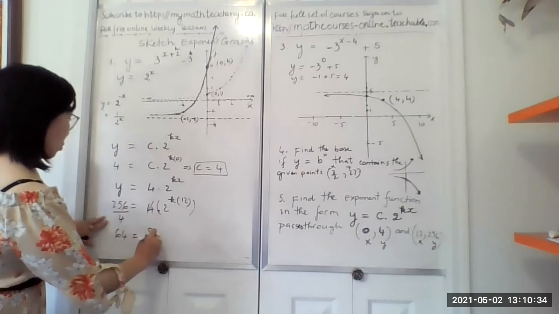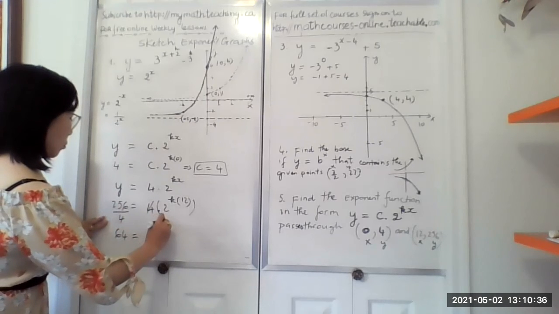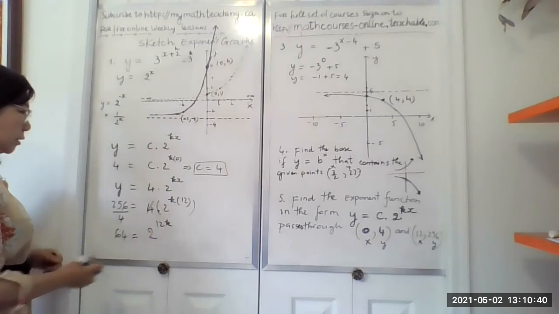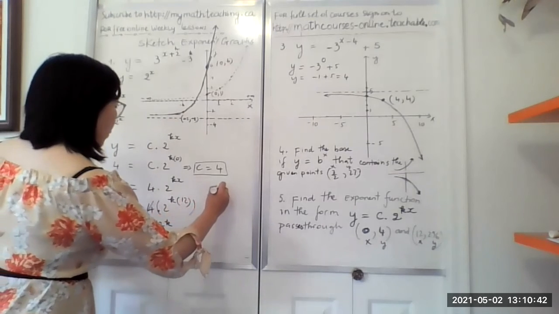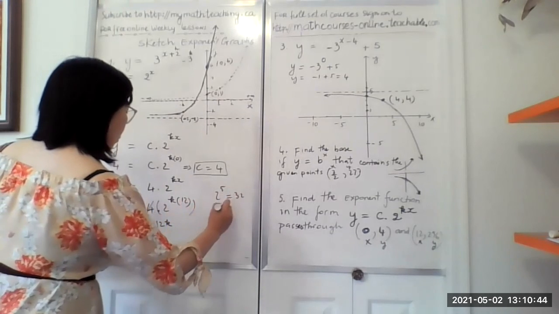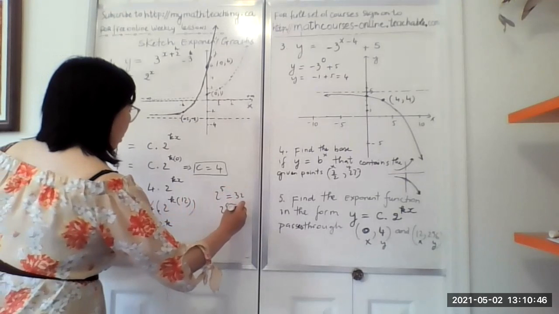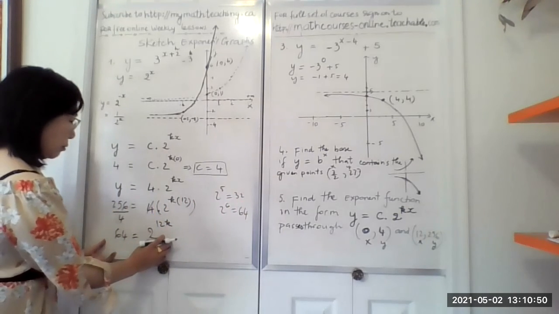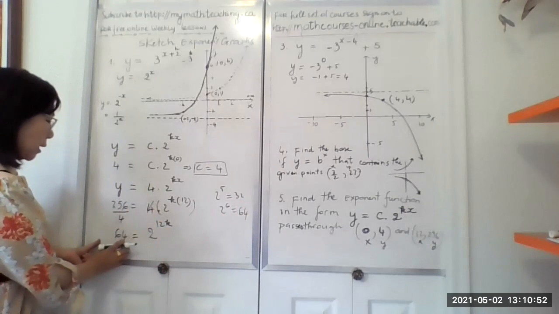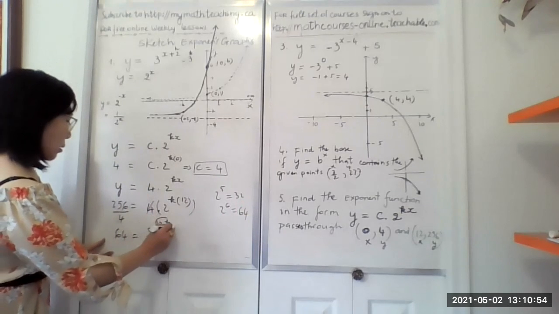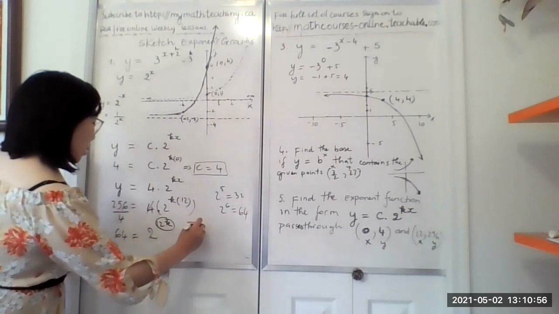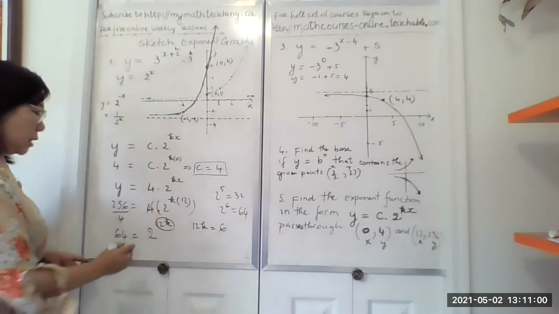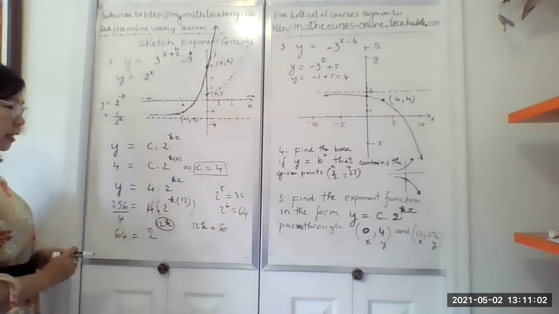So 64 equals 2 to the 12k. Now I noticed that 2 to the 5 equals 32 and 2 to the power 6 equals 64. So the power up here, 12k, has to equal 6, so that you can have 64.